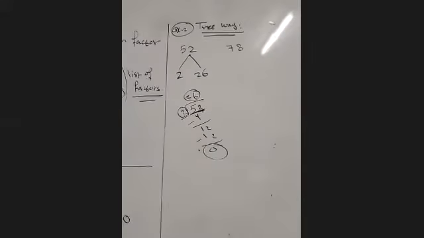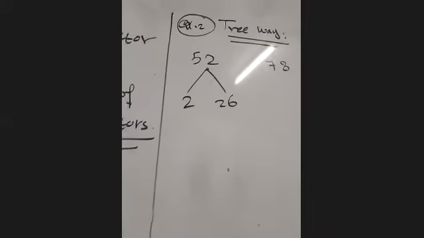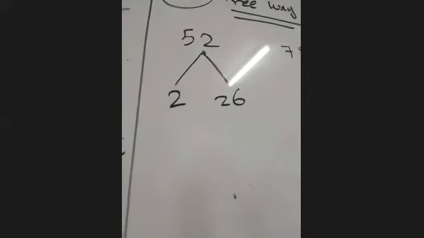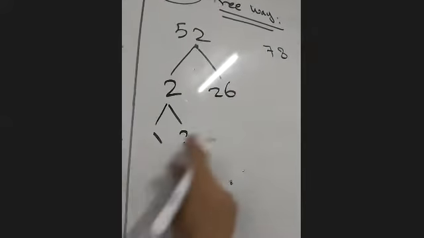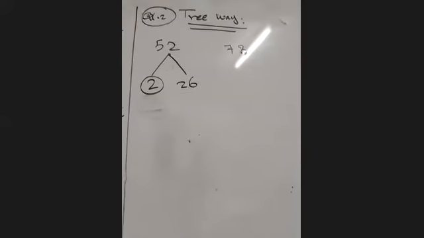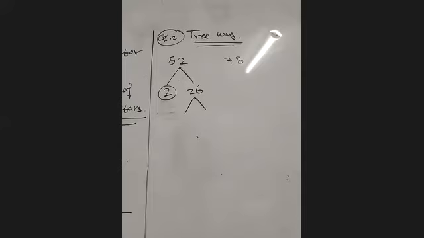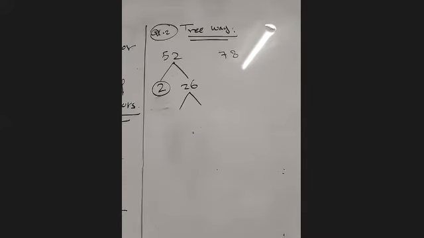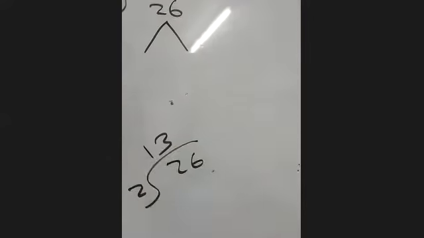Yes. Right. Now let's continue. Give me two numbers that, if you multiply them, you get 2. 1 and 2 only. If you have only 1 and 2, there's no need to continue. You stop and put a circle. How about the 26? Give me two numbers that multiply to 26. Let's divide because it's even. 26 divided by 2 is 13.